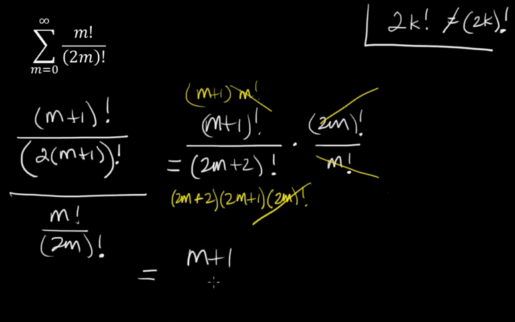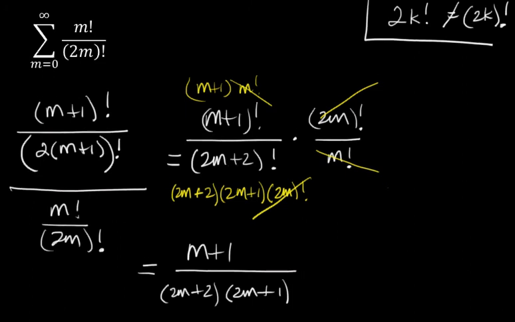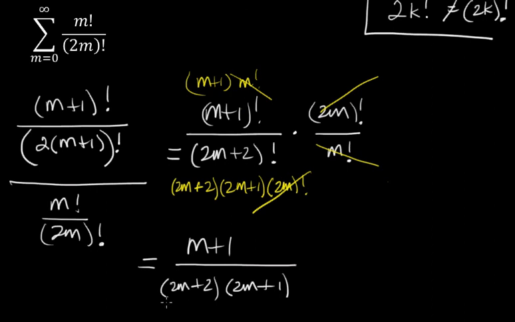And we have then something that hopefully we can take the limit of. We have just plain m plus 1 on the top, and on the bottom we have 2m plus 2 times 2m plus 1. Well, actually 2m plus 2 is 2 times m plus 1.